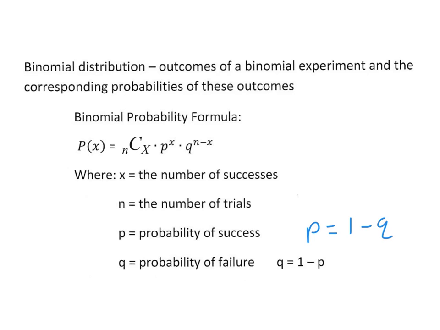If you have those 4 things, they can all be plugged into the formula. So I have n, x, p, q, and then n minus x. What's important to understand is that x is the number of successes, and n minus x, since this is however many trials I have, is the number of failures, because those 2 numbers have to add up to the total number of trials.